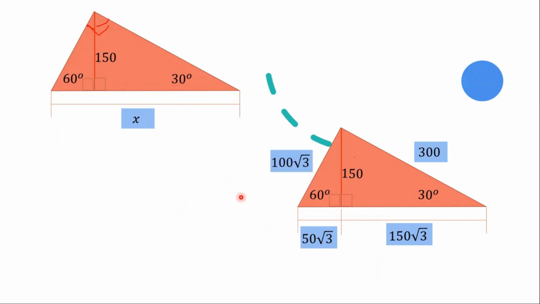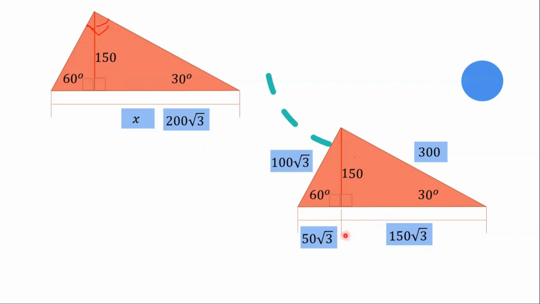By the way, this is the hypotenuse of this right triangle. So we get 100 square root of 3. Again, this is 90 degrees. So the total here, 50 plus 150, is 200 square root of 3.